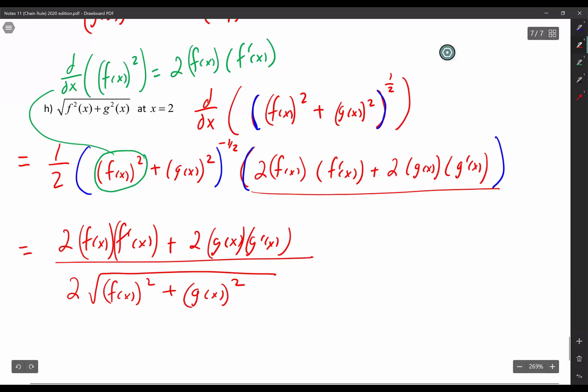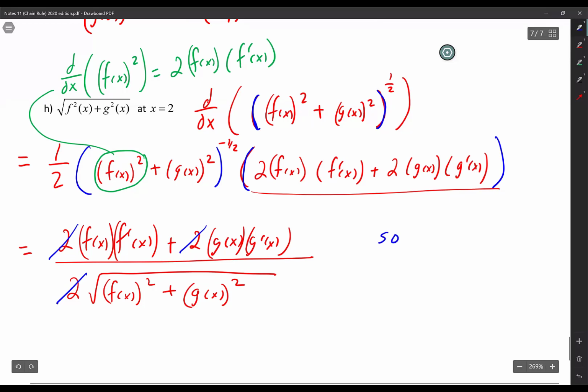What can I cancel, or what can I factor out? I can factor out a what? A 2. So factor out the 2's, and the 2's all go away. Maybe it makes it simpler, maybe not.